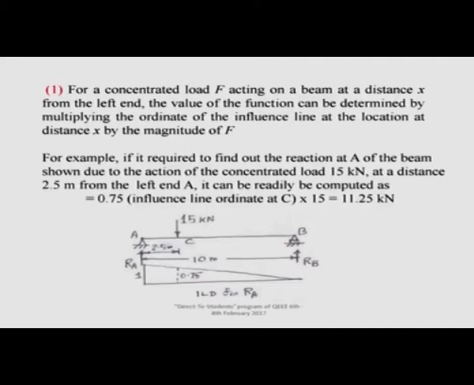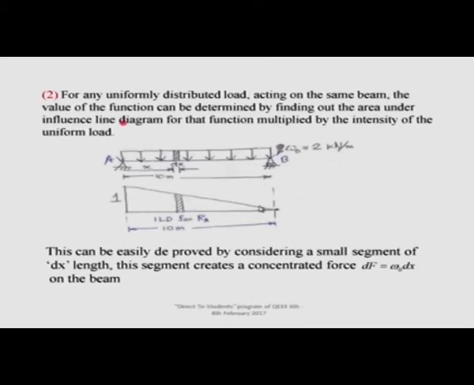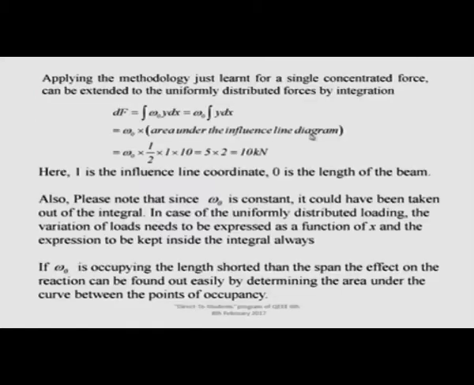Now, it has been extended to the uniformly distributed load. From point to point, if there is a uniformly distributed load, in this example I have shown you, it is extending from this end to this end. That is why we have integrated the area under the influence line diagram throughout the length.